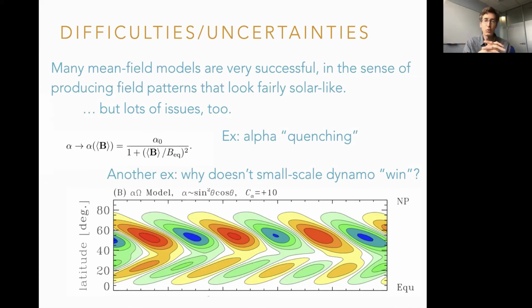There are issues, for example, with figuring out when the field saturates, what field strengths you get to in the nonlinear state. Typically what is done is to assume a model, so-called alpha quenching, where the alpha effect, which encapsulates something about the helical convection, is quenched as the field approaches the equipartition strength. But a lot depends on your quenching formula.